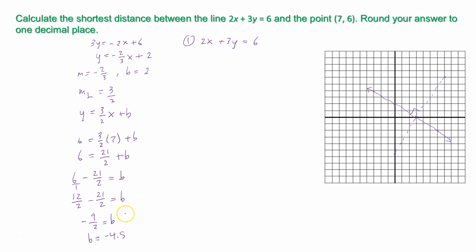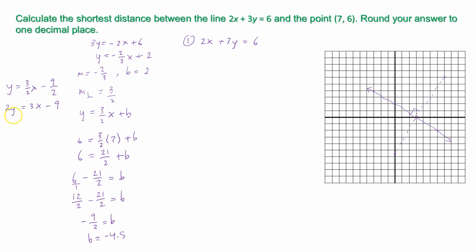And the equation we have for this one is y is equal to 3 over 2x minus 9 over 2. So I'm going to multiply it by 2 to get rid of the fractions. So this is going to become 2y is equal to 3x minus 9.